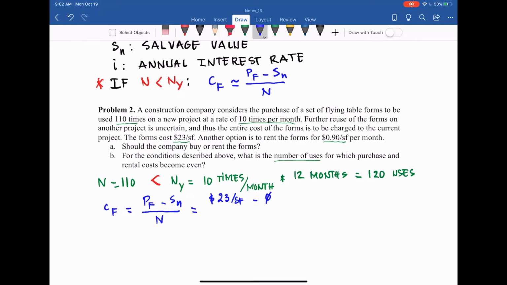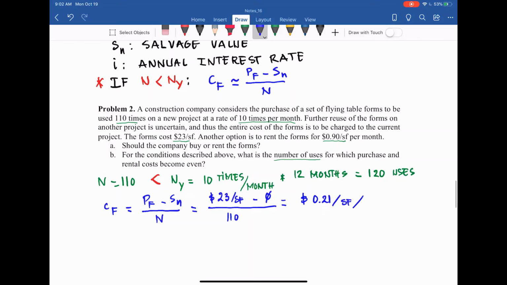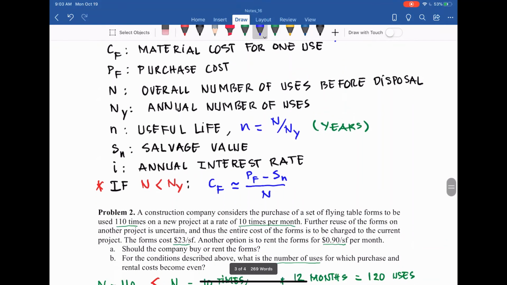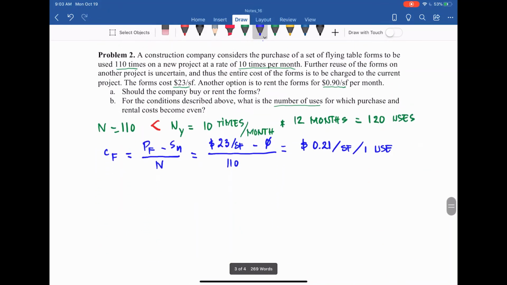The problem doesn't give us anything else. N is 110 uses, the overall uses. So we have that equal to 0.21. So 21 cents per square foot for 1 use, because CF is the material cost for 1 use. So that is per use.